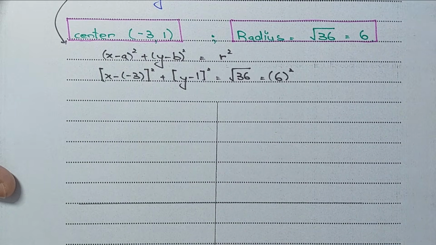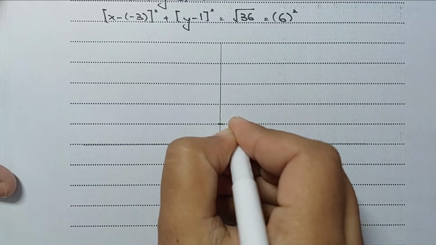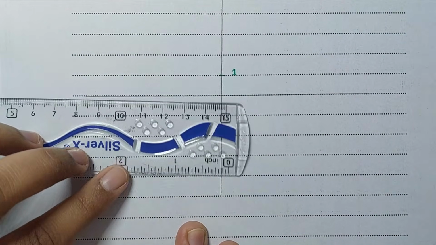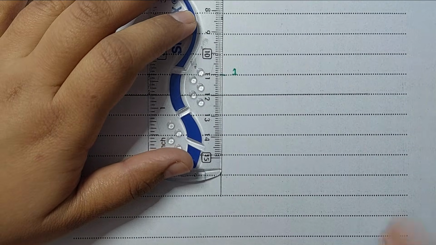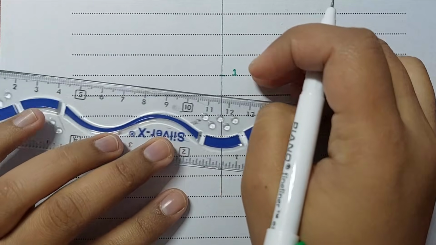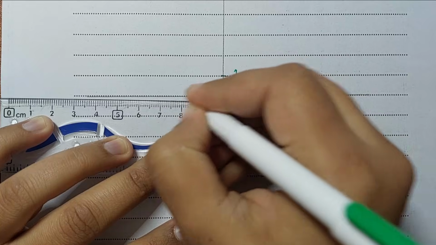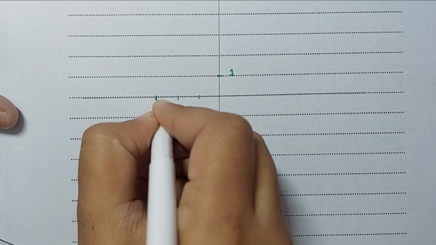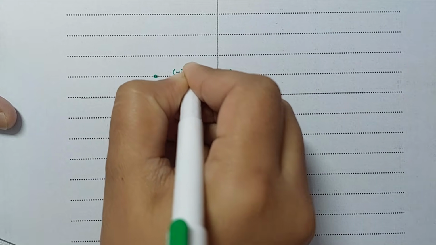So the x coordinate is negative 3, the y coordinate is 1. Let's say this is the y coordinate 1, and for negative 3 we have to move over here. You can see this and this, it's 1. And now we can do the same thing on the other side. So negative 1, negative 2, and negative 3 is over here. So this point is negative 3 and 1.